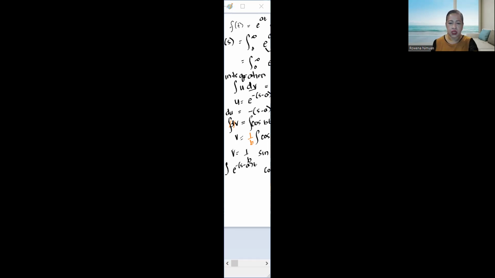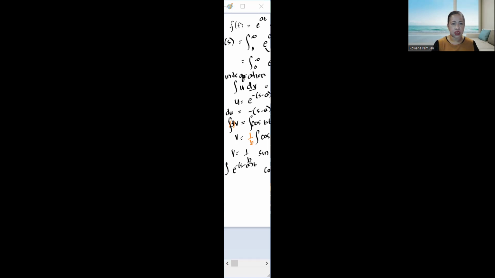If you notice, between this integral and this integral, they are the same. So what we could do is transfer this to this side, then factor out.